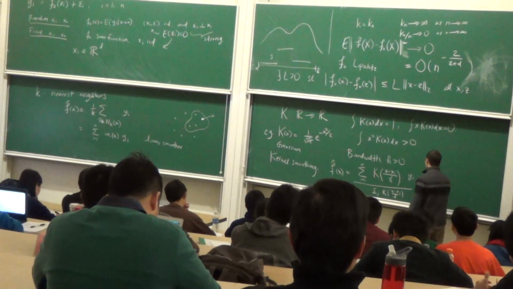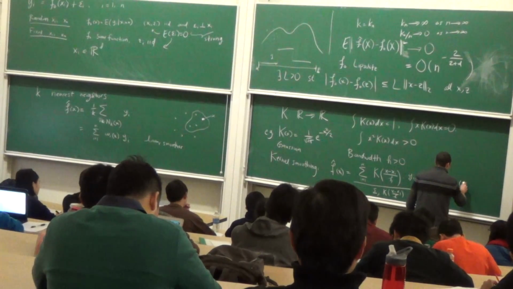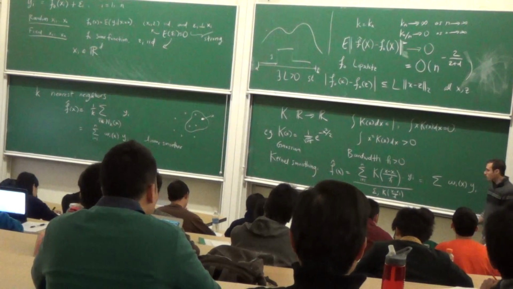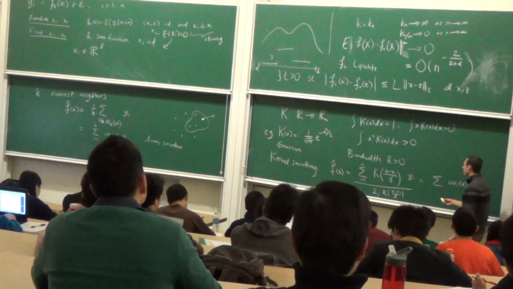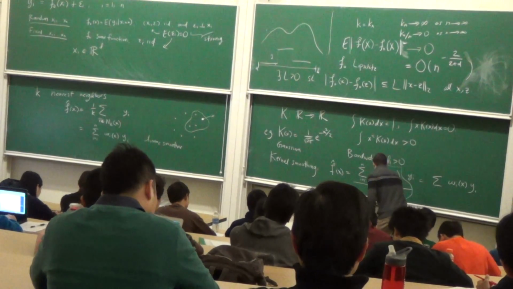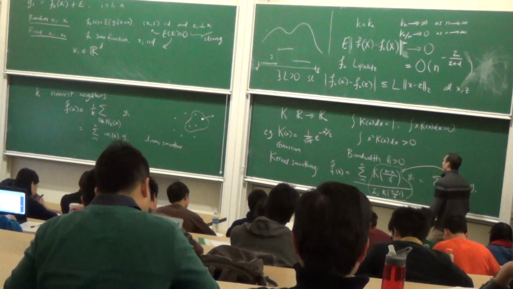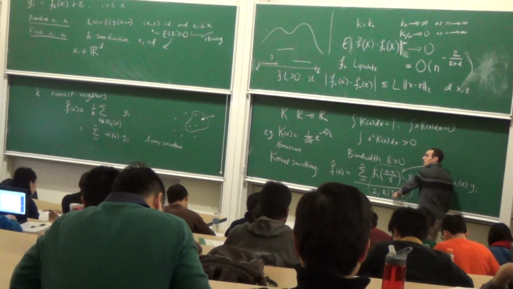I can also write that as wi(x) times yi, also just a linear function of the points yi, where this wi is K of (x minus xi) over h divided by the sum of all of these.